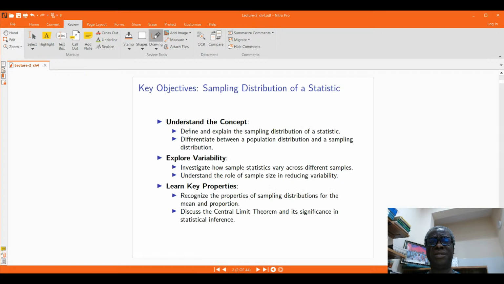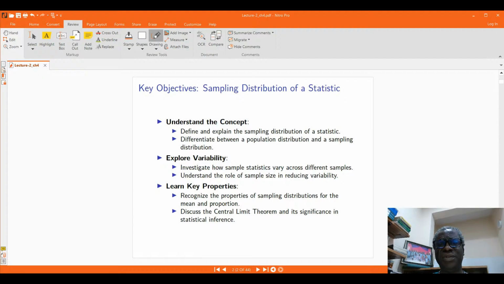For this lecture, our focus will be on the sampling distribution of a statistic. At the end of the lecture, you should be able to understand the basic concepts surrounding the topic.